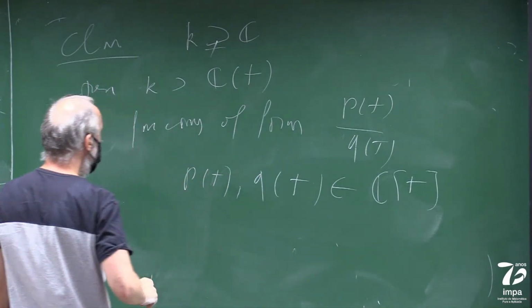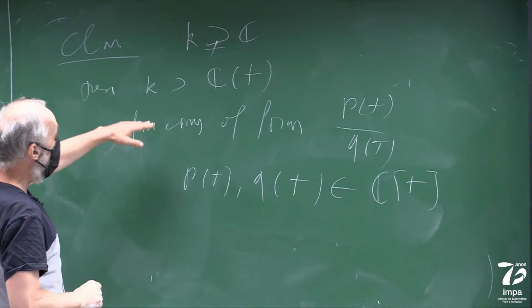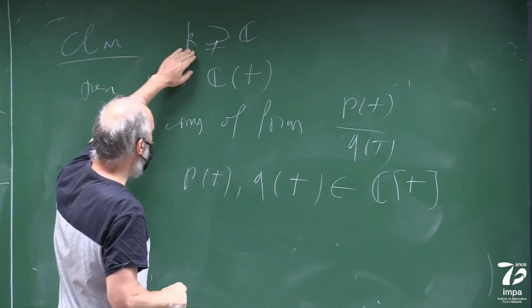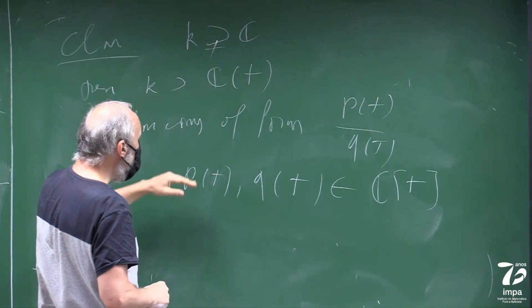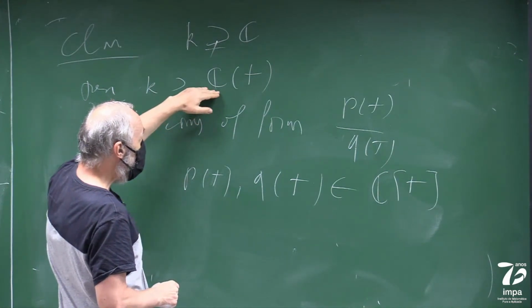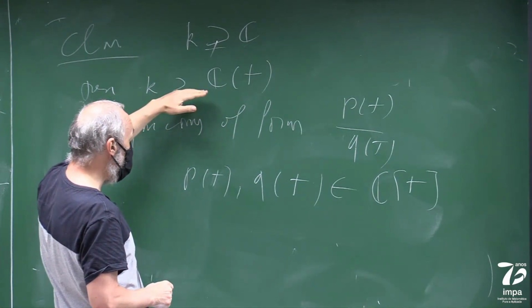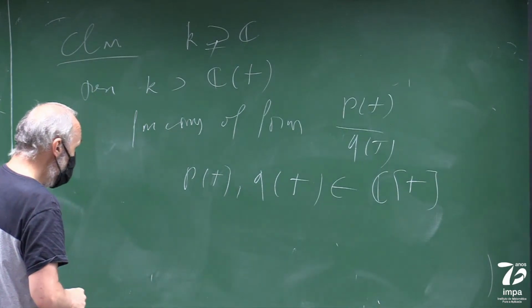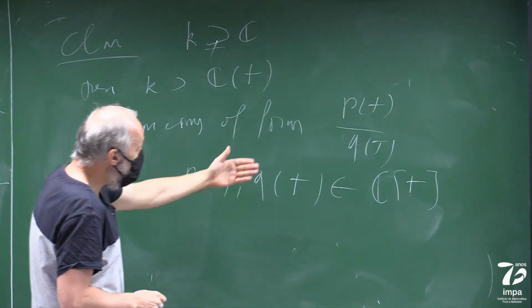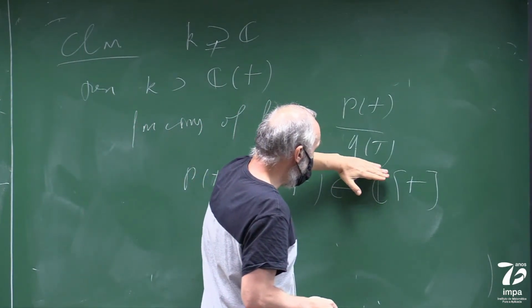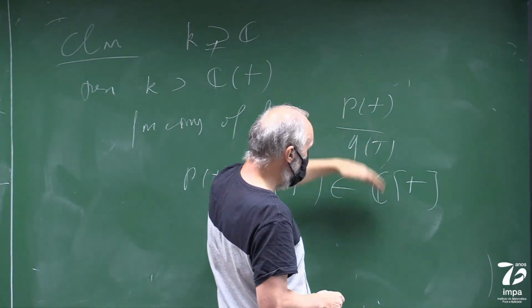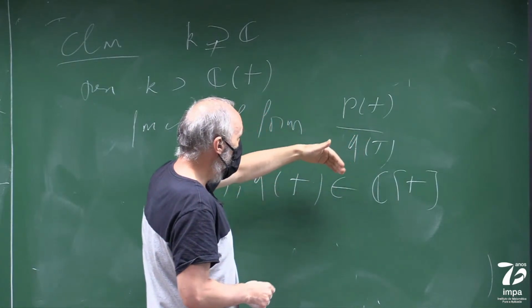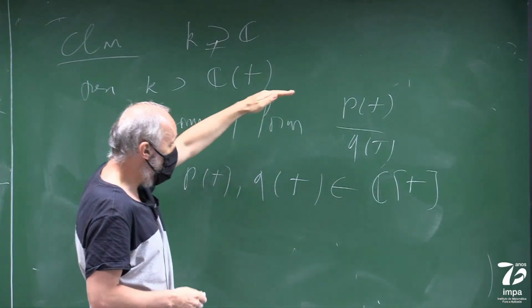And this is why every element which belongs to K and doesn't belong to C is actually transcendental over C. It is not a root of a polynomial equation. But then Q(t) is non-zero, this is a non-zero element of this field, and you can take a quotient.